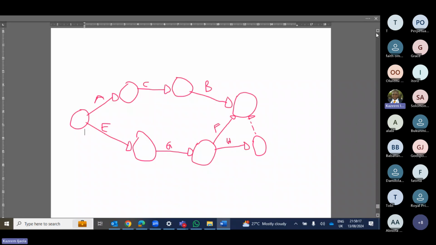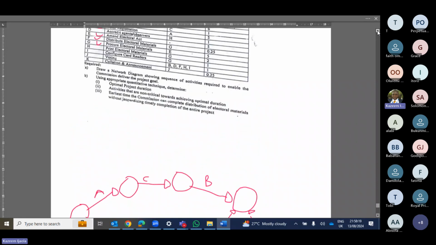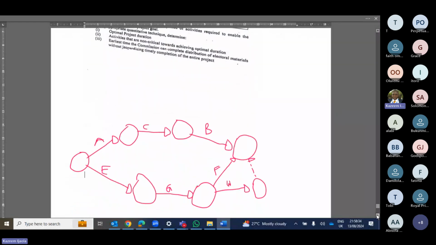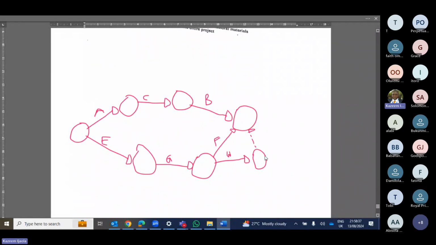Which other? Let's check now. H, we have done it. We have not done D. They say D is from H. I remember that D will also meet up with B. Where is D? Where is H? This is H. So D also needs a dummy.